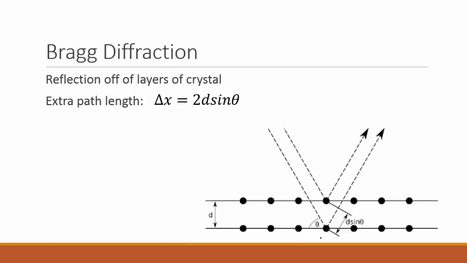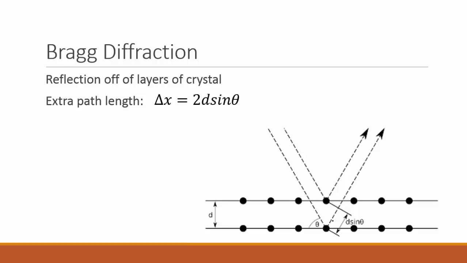I won't work through the geometry in detail, but suffice it to say, that's just how much extra farther it goes. Note, in this case, this theta is the angle off of the surface, not off of the normal as you normally have it. So if it's a very grazing angle, then it's about the same path length.